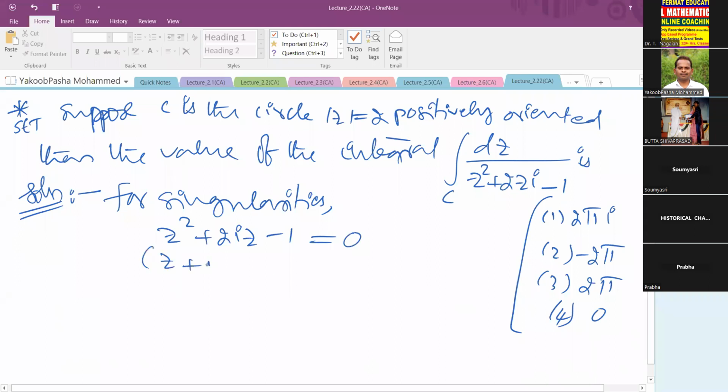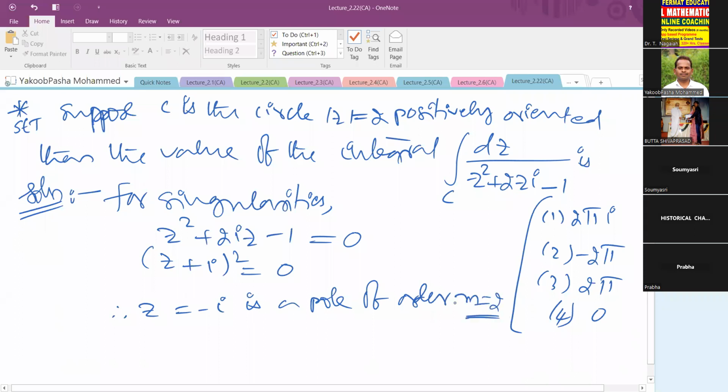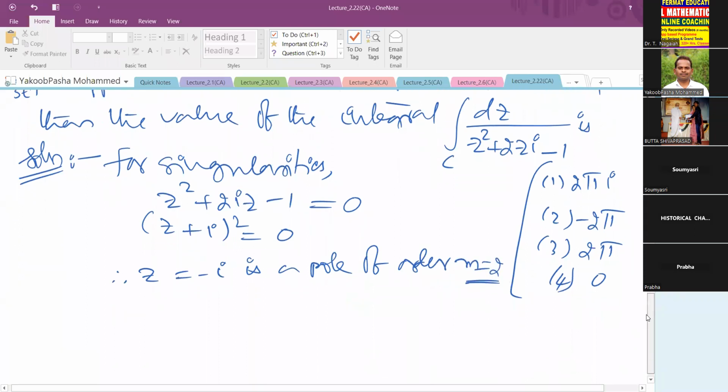This can be written as (z+i) whole squared equals 0. While expanding, we'll get this only, since i squared is equal to minus 1. Therefore z = -i is a pole of order m = 2.